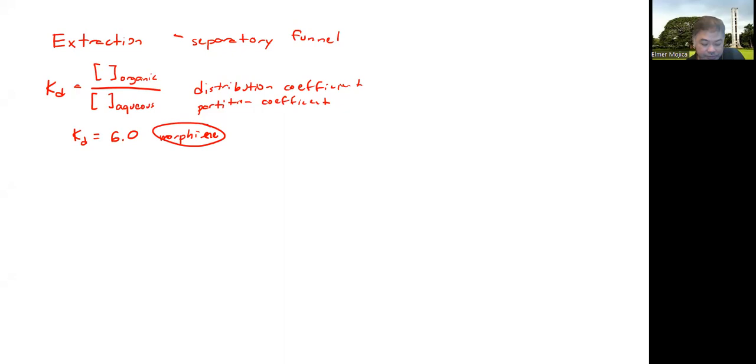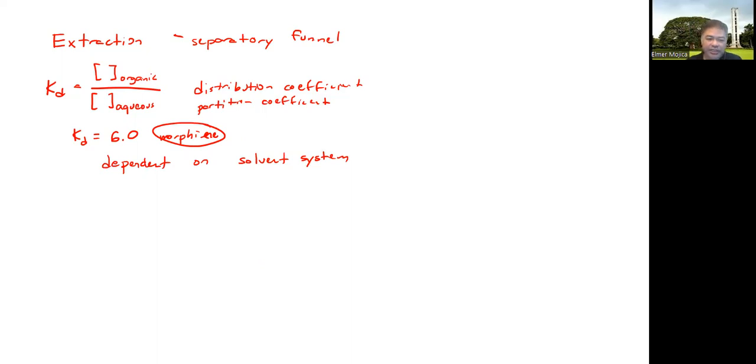Okay, so if we're going to look at this distribution coefficient or partition coefficient, it is dependent on what? KD is dependent on solubility po. The solubility, or the so-called solvent system. Okay.